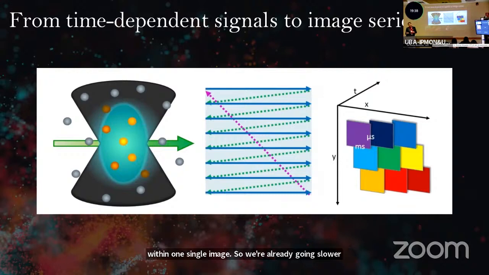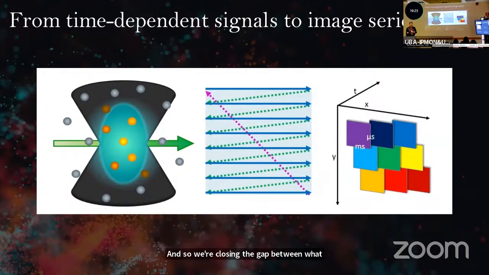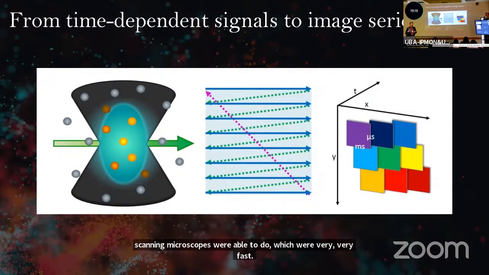As has been mentioned before, technical advances have given us some instruments that are able to capture images much, much faster than was possible in the past. And so we're closing the gap between what laser scanning microscopes were able to do, which was very, very fast, and what images in cameras can be acquired.